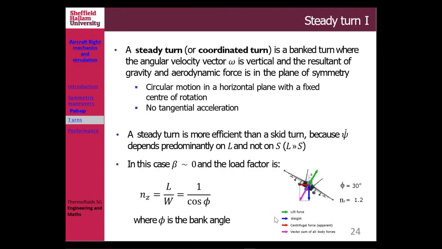So now we start talking about the steady turn, which is the level coordinated turn. Obviously we always know that the load factor is lift divided by weight. If you make a turn like that, it becomes a function of your bank angle. Let me draw the aircraft, with your weight pointing downward.